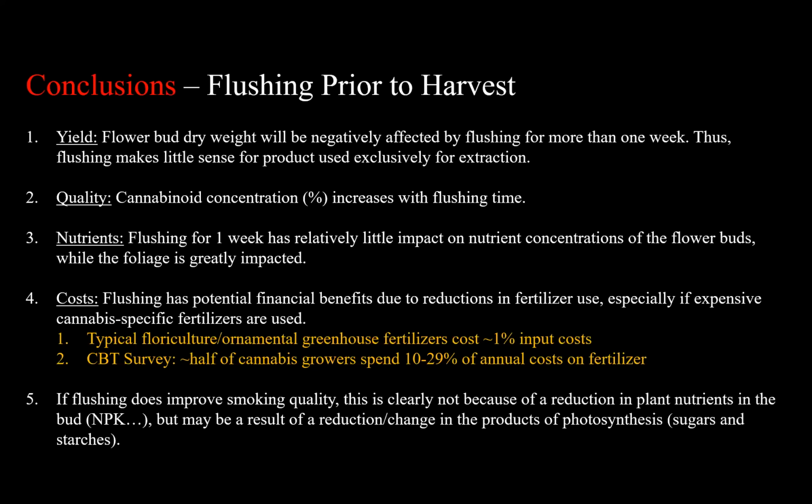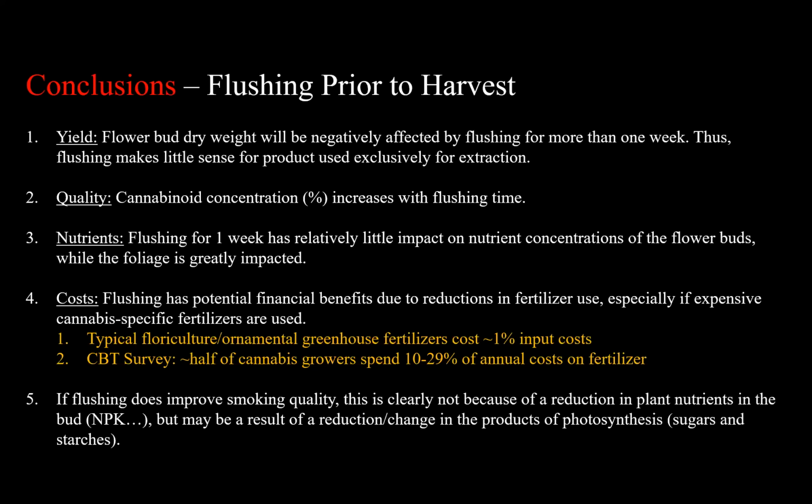So for example, we do know a lot more about tobacco products, and the carbohydrate forms and concentrations in tobacco products do influence the perceived smoke quality. And of course, if we're severely restricting nutrients, we're going to be inhibiting photosynthesis. I think that's safe to say.